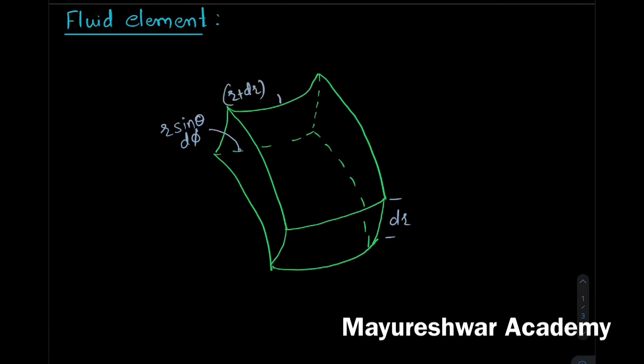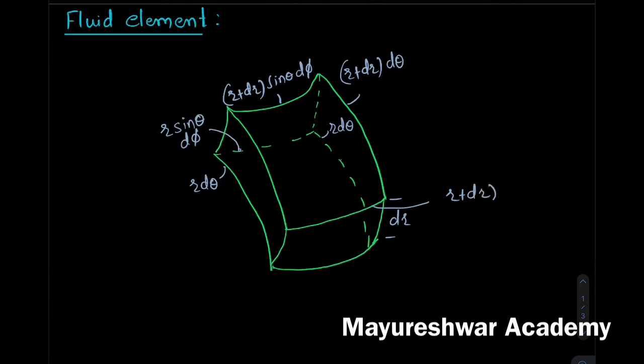So this is going to be r plus dr, sine theta, d phi. This is going to be r plus dr, which is on the top, times d theta, that's the angle. This lower face will be r times d theta, so this length is the same as the r d theta side.